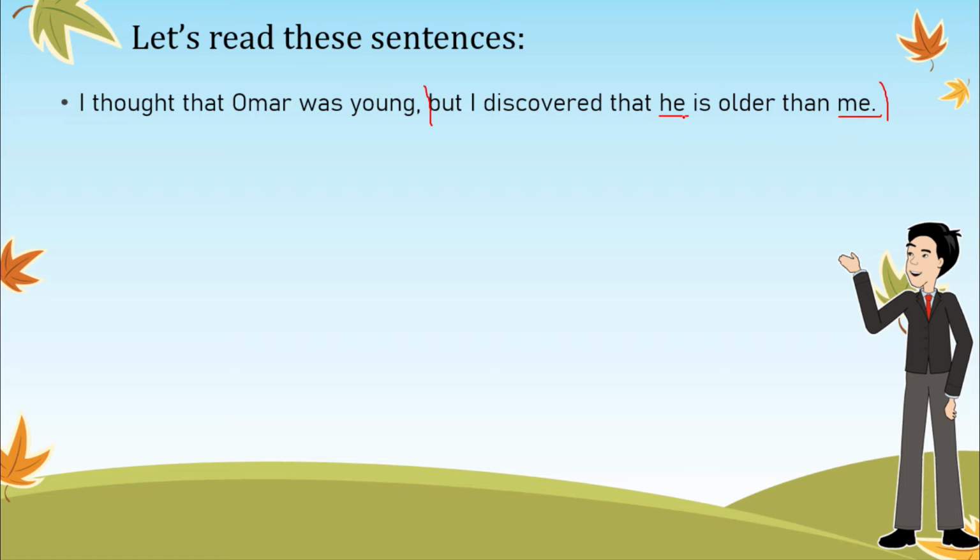This is the subject and this is the object, and this is the adjective we use to compare between he and me. He is old, adjective, but we have something else here. Older. Older than me. Okay, please remember this.